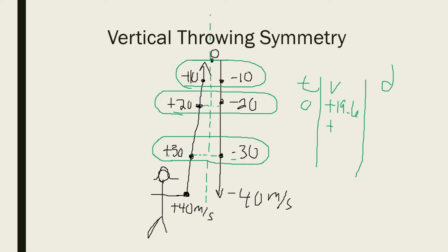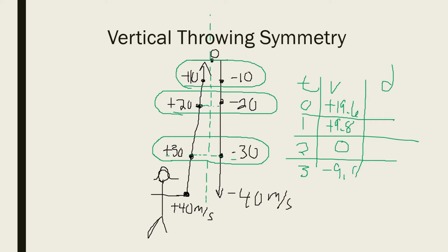And then we had 9.8 at 1 second. And then at 2 seconds, it was 0. And if you don't remember this, go look at this video. Then negative 9.8, and then negative 19.6. And I said in that video, the displacement here and the displacement here would be the same.